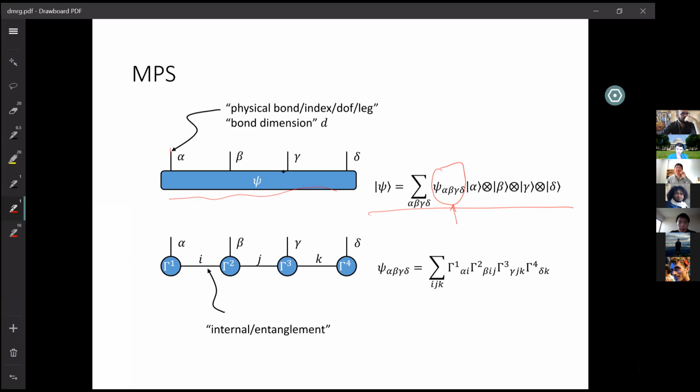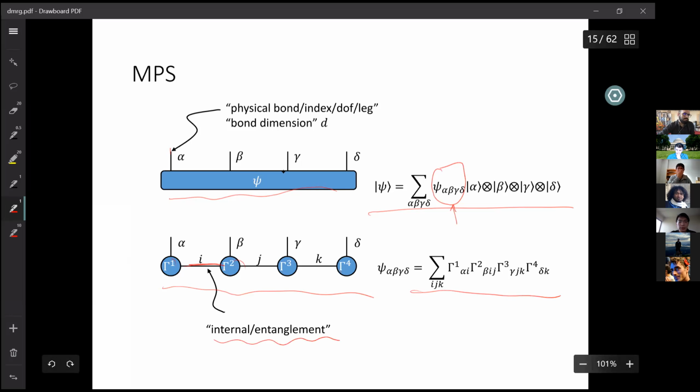So one may ask, can we just have a tensor network like this? We decompose the psi tensor into very small elements, connected by what are called internal entanglement legs. This means these i indices are contracted, and the j indices and k indices are all contracted.